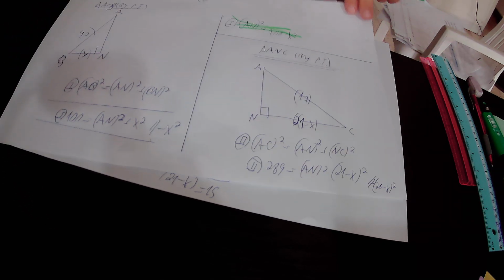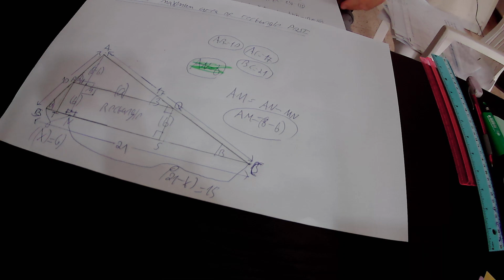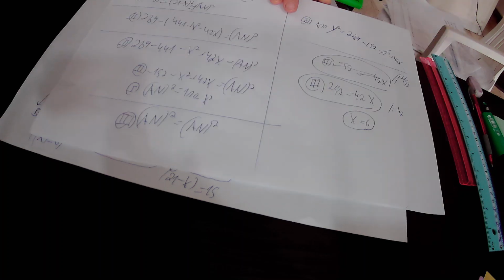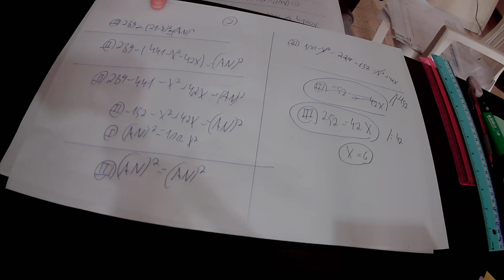So here we subtracted (21 minus X) squared from equation 2, and finally found that according to equation 2, 289 minus (21 minus X) squared equals AN squared. Here we opened the brackets of this expression.